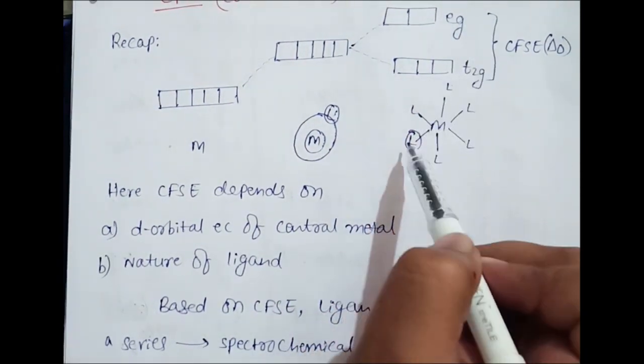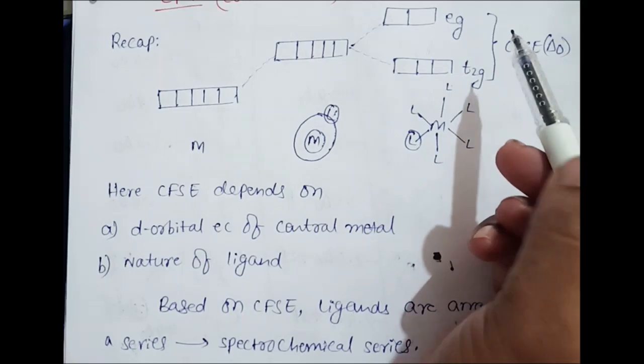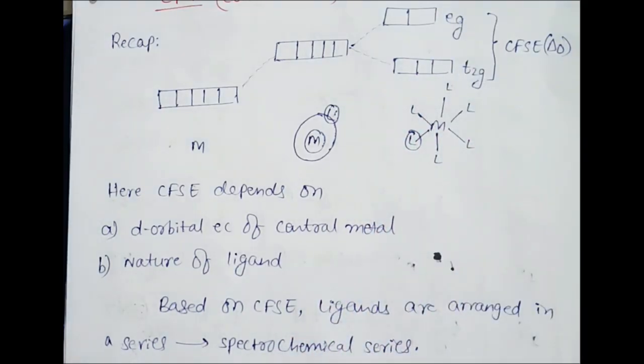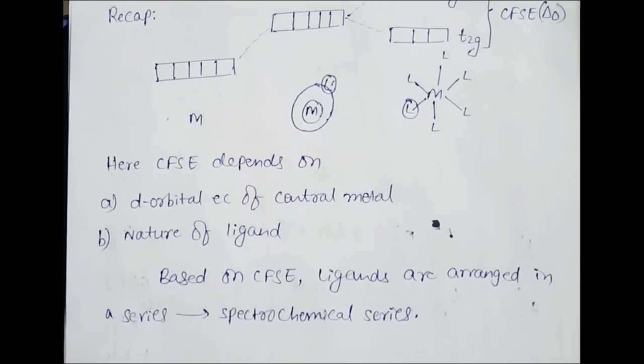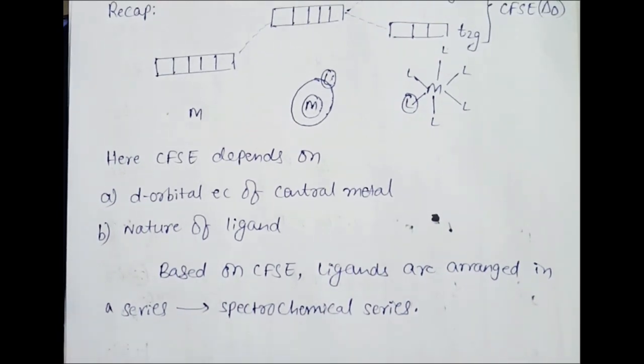So if you take some ligand ammonia, CFSE value will be different. If you take a chloride, CFSE will be different. So based on that we arrange them. That is called the spectrochemical series.